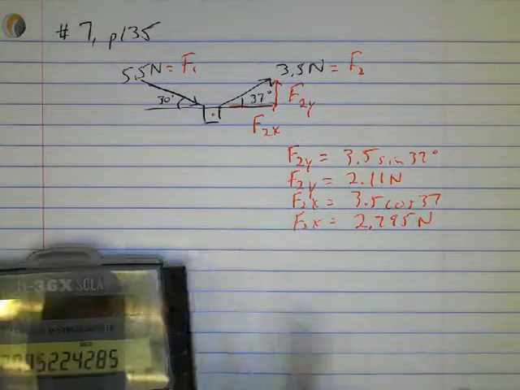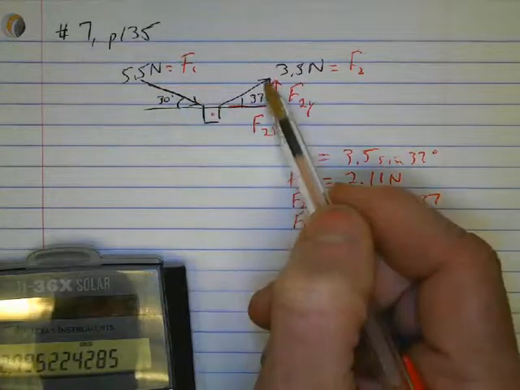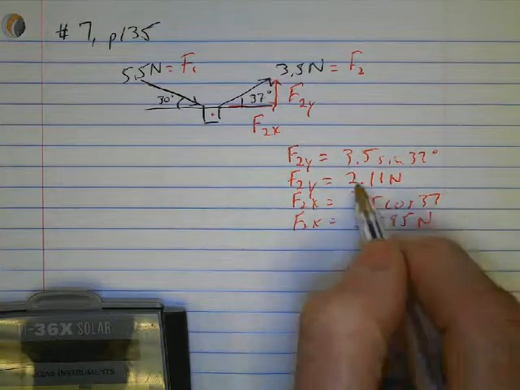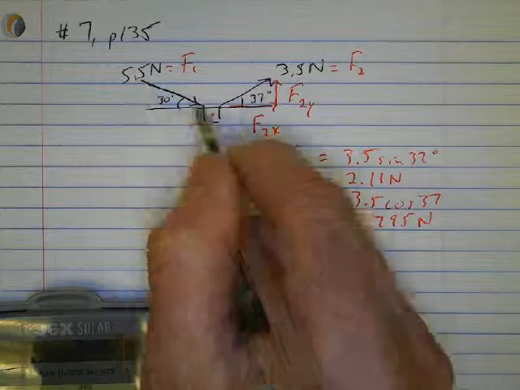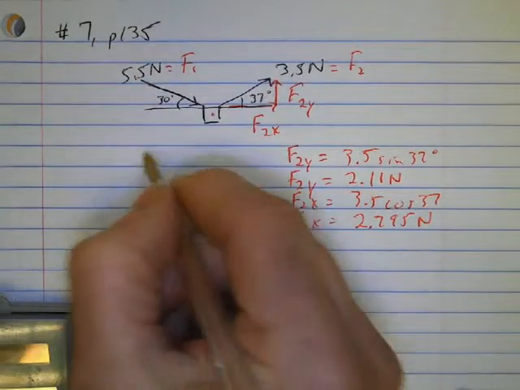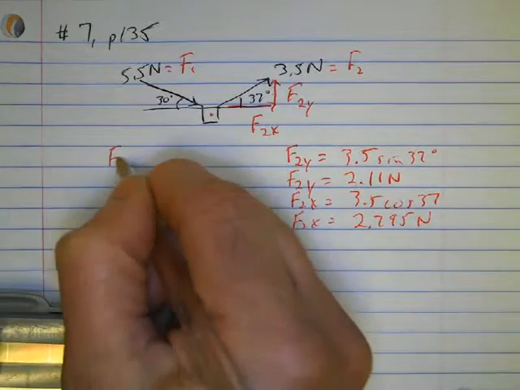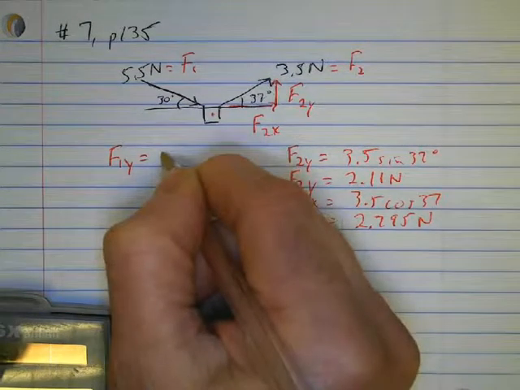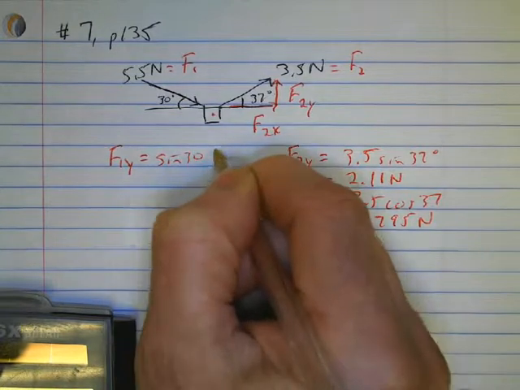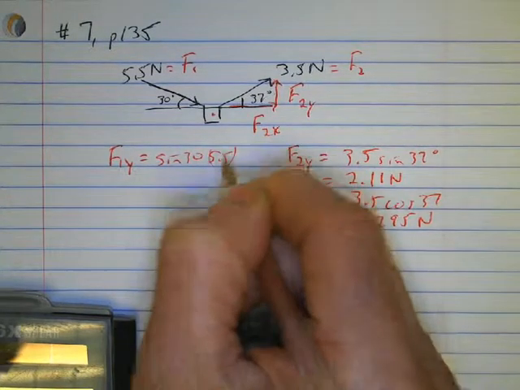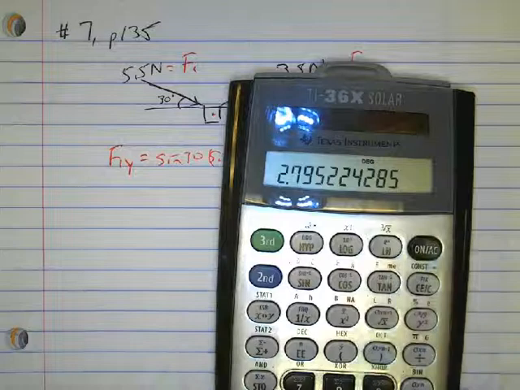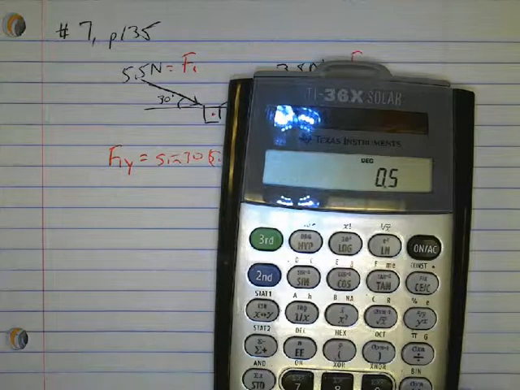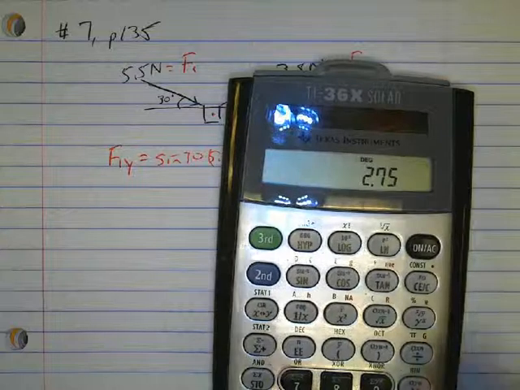Notice that this vector is directed downward, this vector is directed upward. So our signs on this are both positive, but our sign on this one is the y vector is going to be negative. Okay? In this one, F sub 1 in the y is equal to sine of 30 times 5.5, which is 2.75.